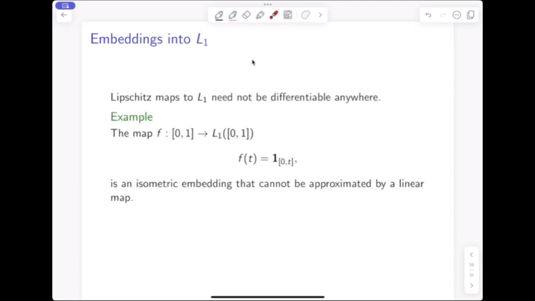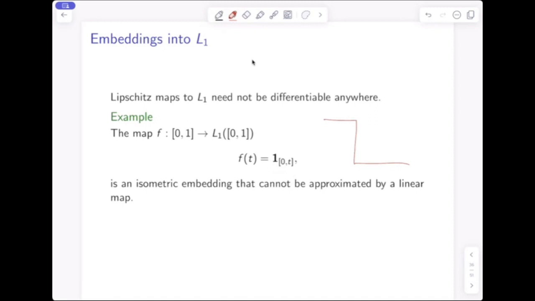There's a classic example, which is the map from the unit interval to the space of L1 functions on the unit interval, which sends T to the characteristic function of the interval from 0 to T. So this is a step function like so. You can check that this is an isometric embedding.